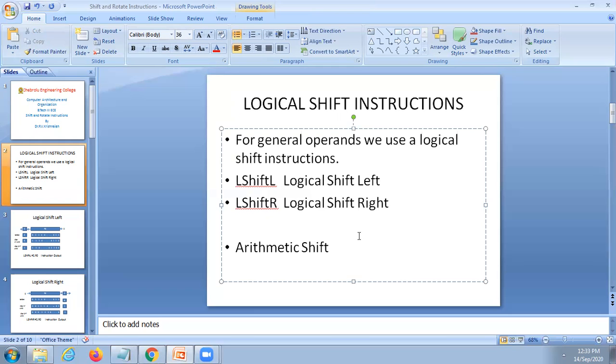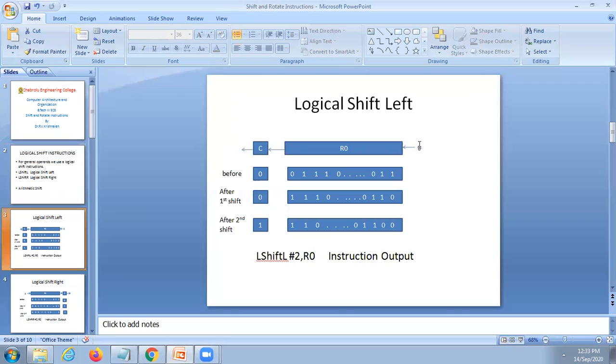But here the difference between the logical shift and arithmetic shift is this. In the case of logical shift, you are pumping zeros to fill the vacant bits.